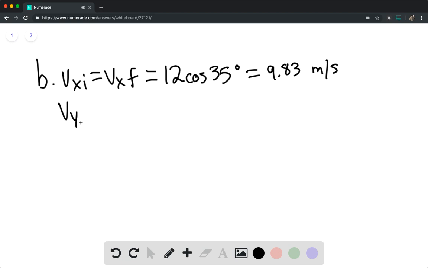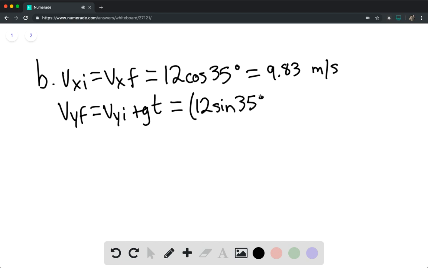We know that Vy final equals Vy initial plus gt. So this will be 12 sine of 35 degrees, and rather this will be minus gt.